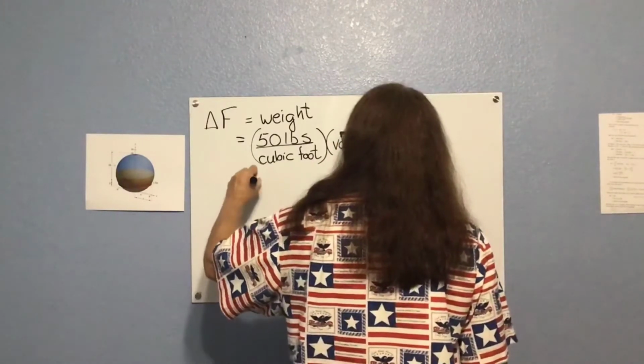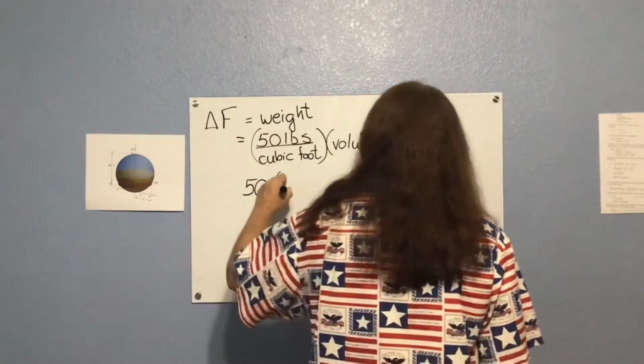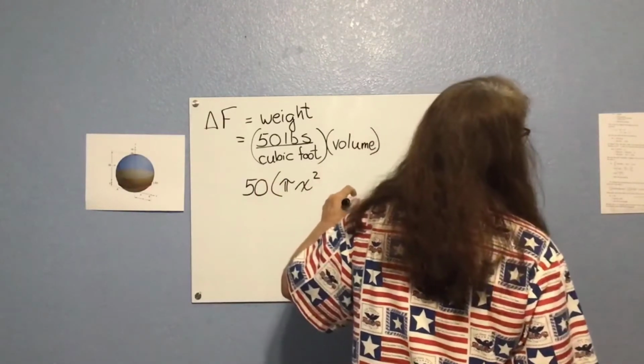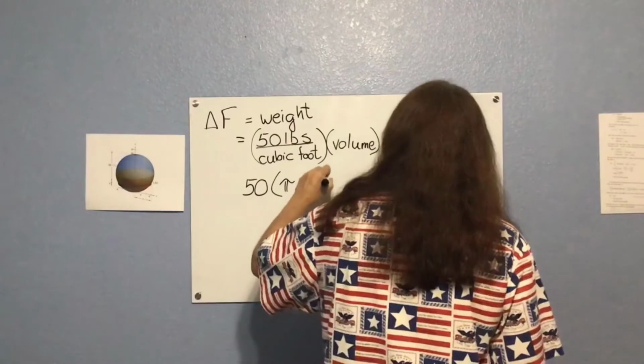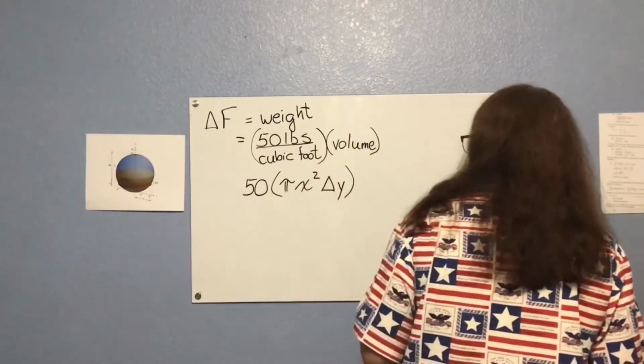So we're going to have 50 times pi x squared delta y. Okay, that would be the volume.